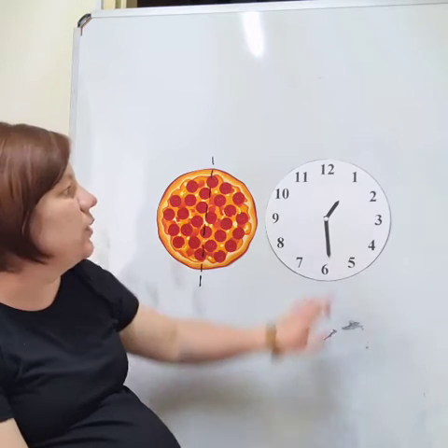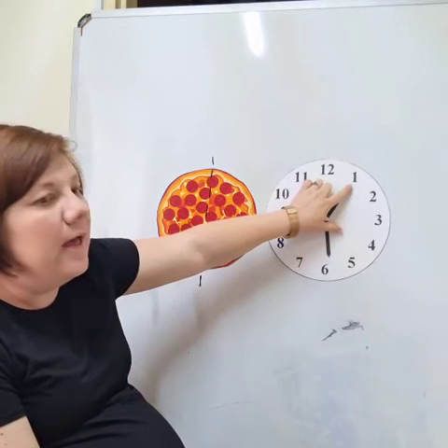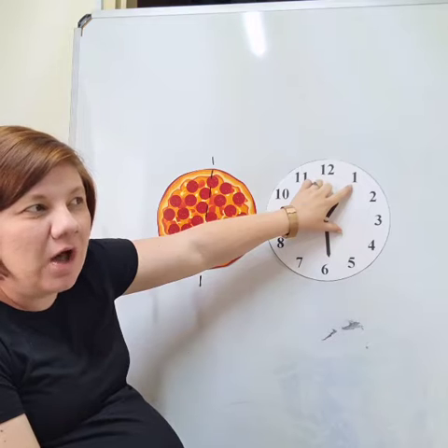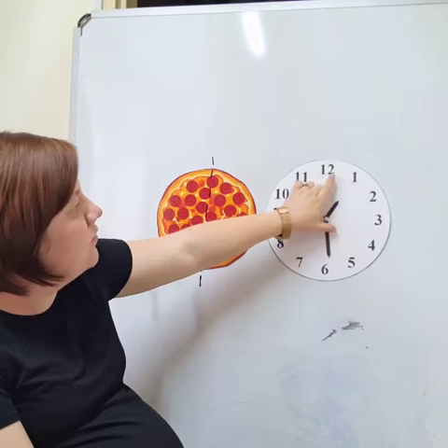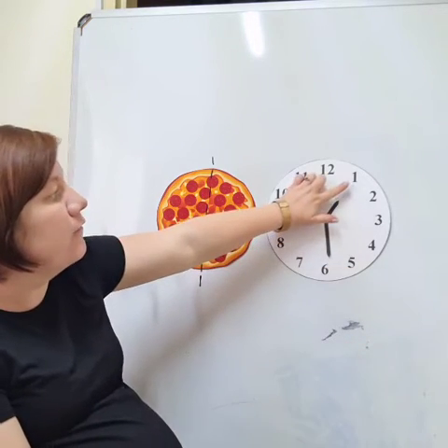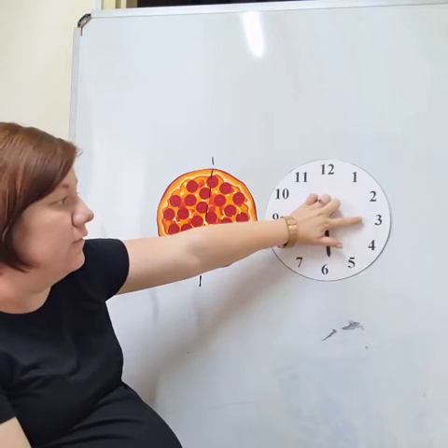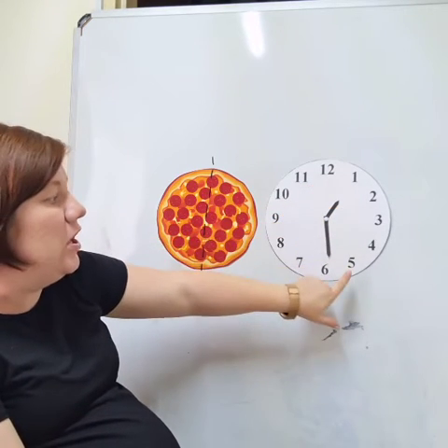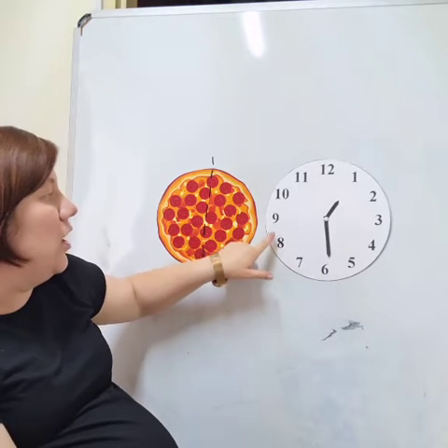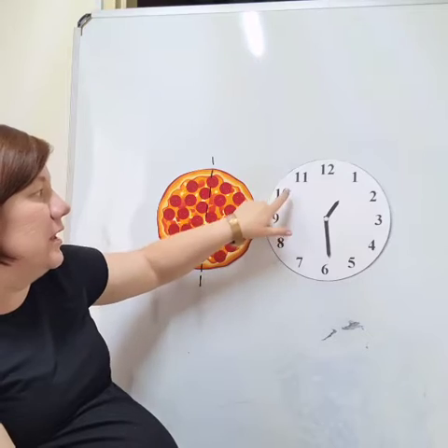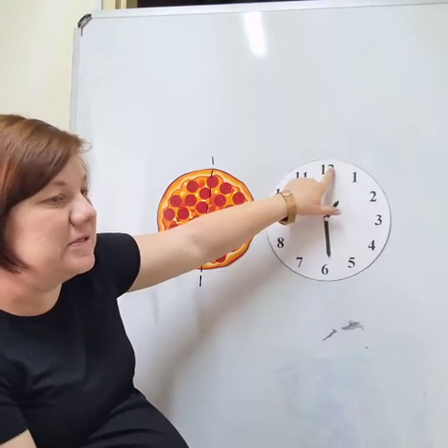We said that between the 12 and the 1, there's a certain amount of minutes passing. How many minutes will pass from the 12 to the 1? Yes, 5 minutes. So let's quickly count in fives. 5, 10, 15, 20, 25, 30, 35, 40, 45, 50, 55 and 60.